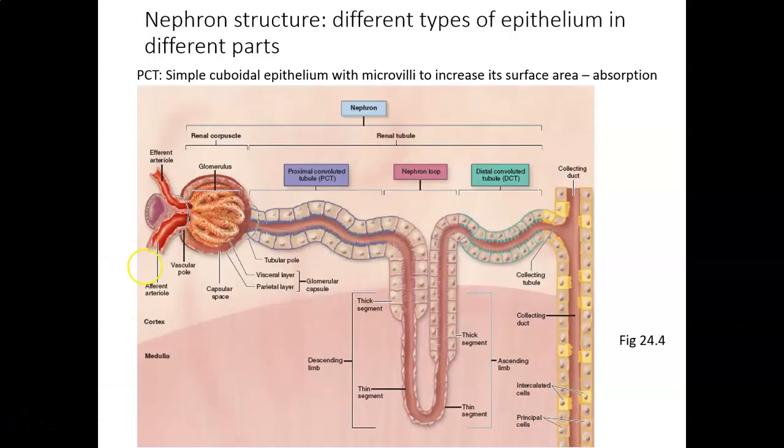If we extend the nephron and all its tubules, spread them out and deconvolute it a little bit, this is what we end up with. This is a simplified version of what the nephron looks like, and we are going to use this diagram to go through every single part of the nephron.